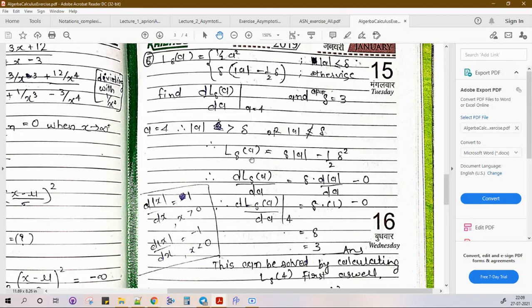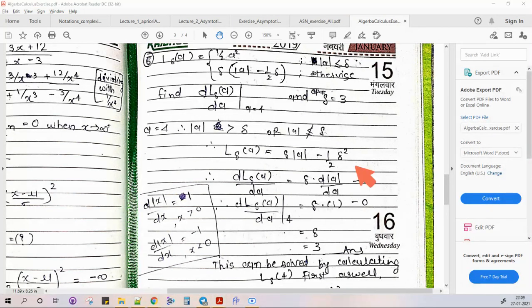Now I need to take the differentiation with respect to A. The term half delta square would be 0, because there is no A in it. For the other term, delta is a constant, so delta stays as it is, times the differentiation of mode A with respect to A.